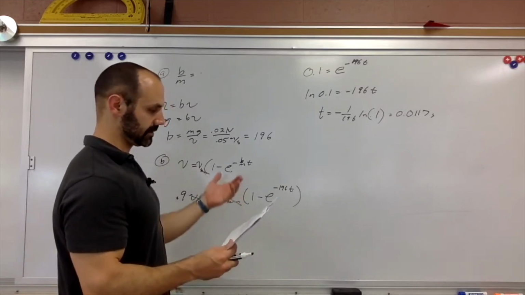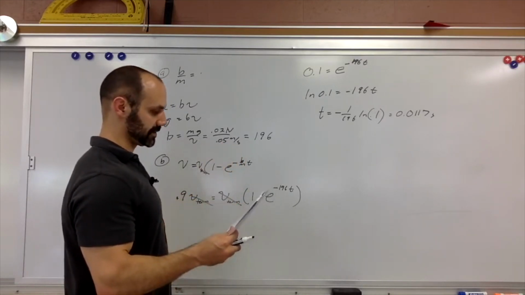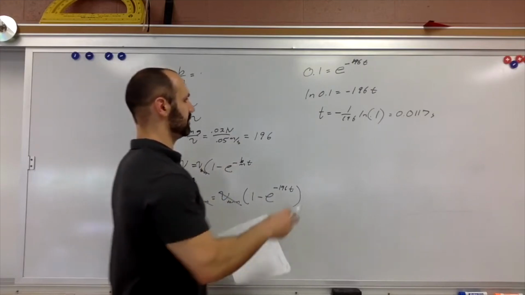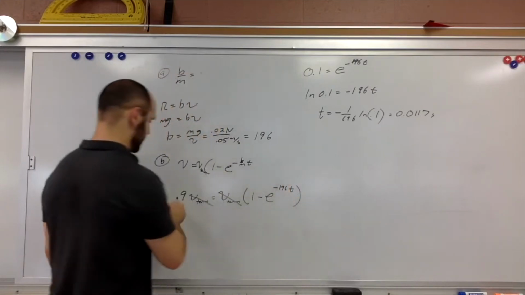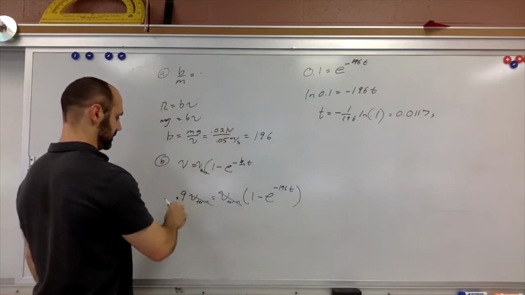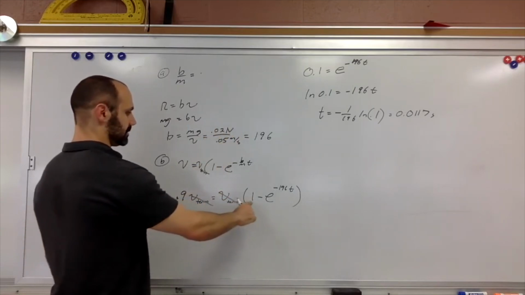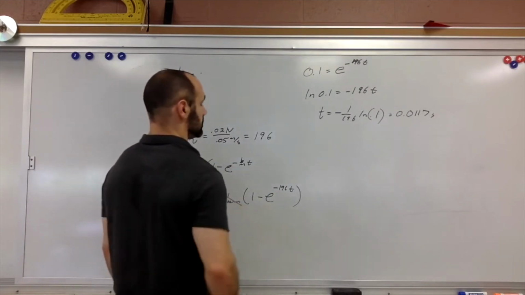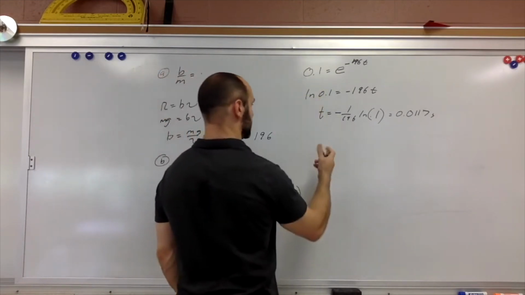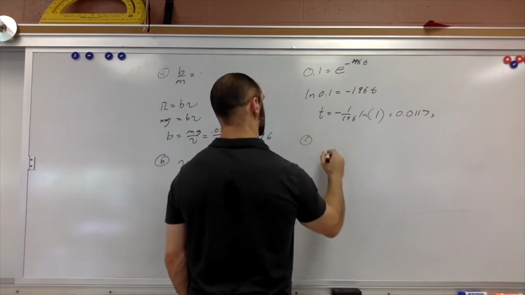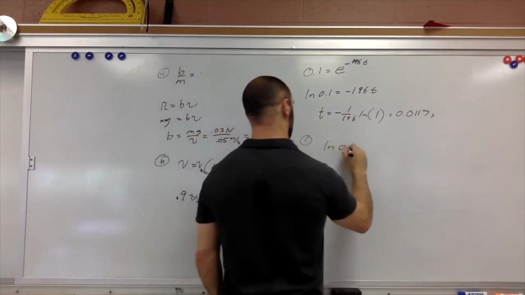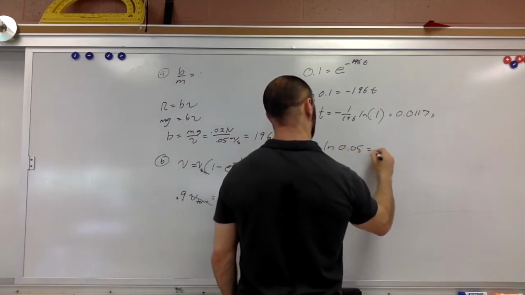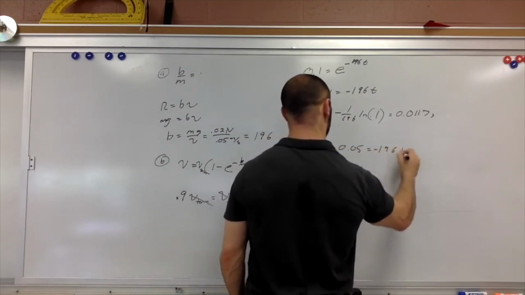All right, what about the time it takes to reach 95%? Well, if this is 0.95, let's go back to this place. That means I'm doing 0.95 minus 1. So instead of this being 0.1, it's going to be 0.05, right? So for C, it's going to be natural log of 0.05 equals negative 196t.